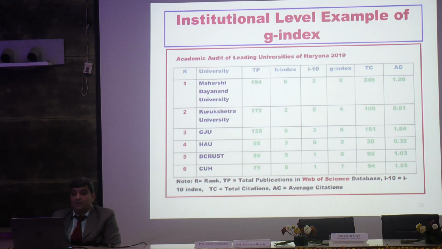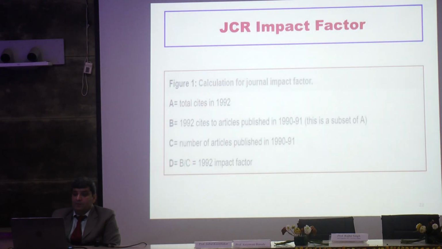So these are the indicators, and they well capture the reality. JCR impact factor, Journal Citation Report impact factor, that is the word for Thomson Reuters impact factor. Thomson Reuters is a business company, and they develop the Journal Citation Report.